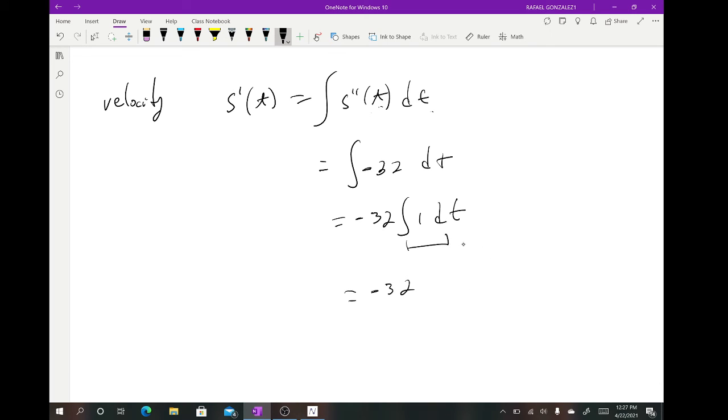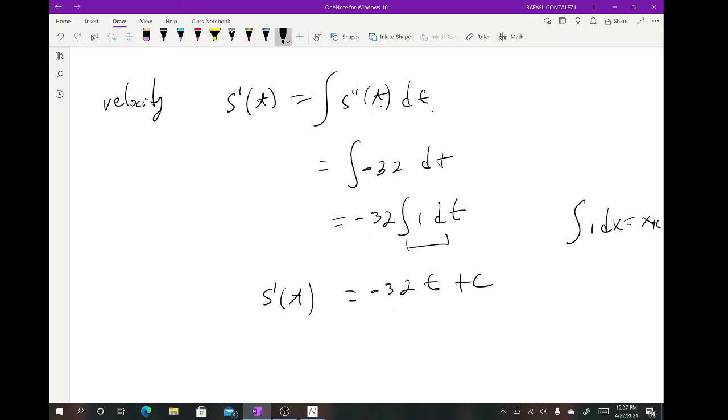This antiderivative, remember, is just t plus c. We did this before: the integral of blank dx is just x plus c. So if we have the integral of blank dt, it's just t plus c, and then you multiply by negative 32. So you get negative 32t plus c. This is s prime of t.